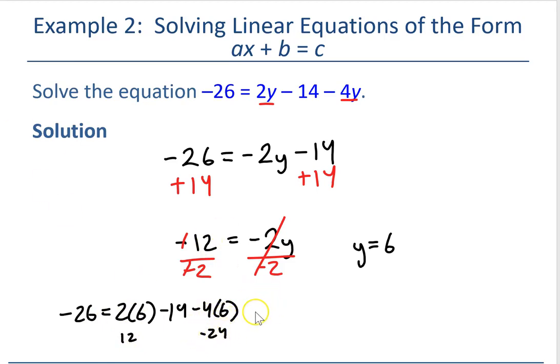Let's rewrite: I'm going to have 12 minus 14 minus 24. So 12 minus 14 gives you a negative 2, minus 24, and that's going to give us negative 26. So negative 26 is equal to negative 26, which works out great.